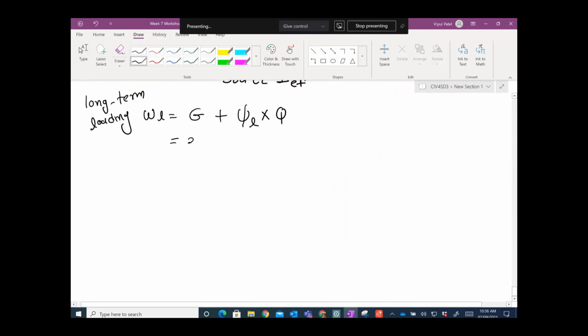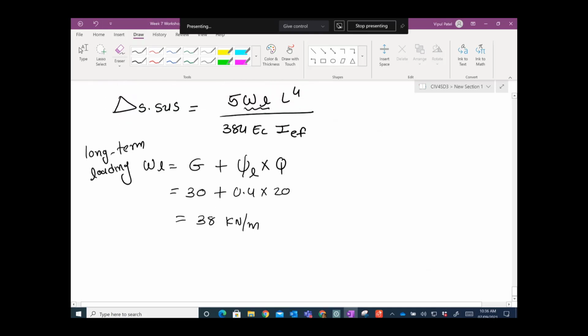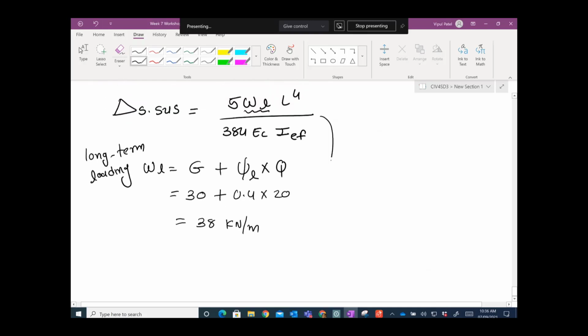So the dead load is 30, I believe, kilonewton per meter, and then you have 0.4 times 20 kilonewton per meter. You will get 38 kilonewton per meter, which is the long-term loading. So now we can plug all the values here.